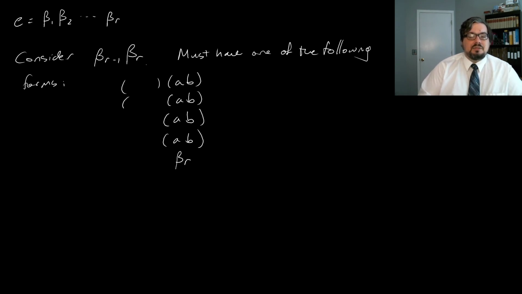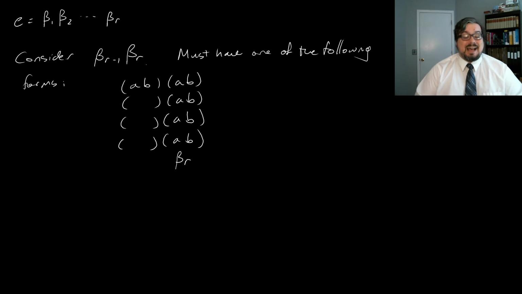And then on the left, there are some possibilities. It could be that beta r minus 1 is exactly AB.